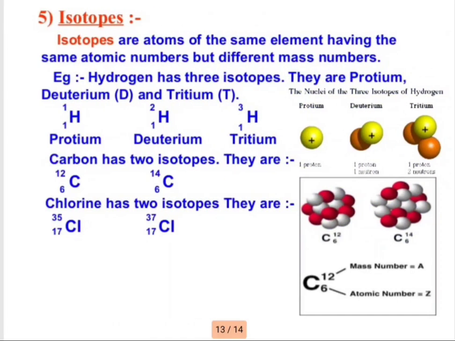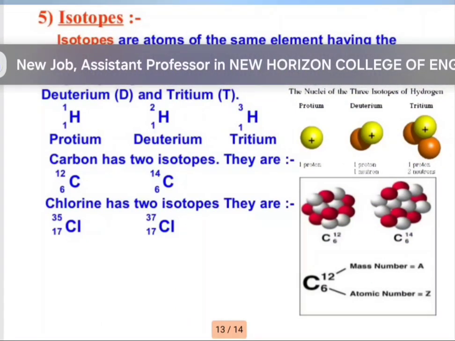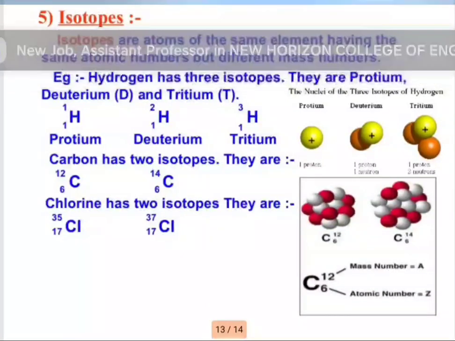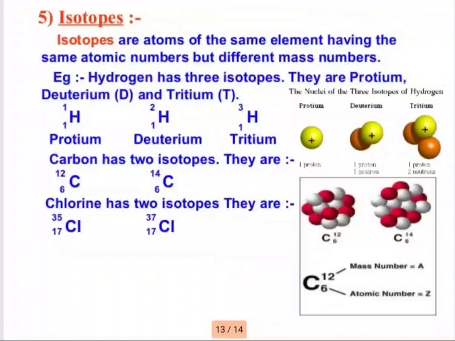Next, we will discuss isotopes. What are isotopes? You can remember: atoms of the same element, same atomic number but different mass number. For example, hydrogen has 3 isotopes: protium, deuterium, and tritium.